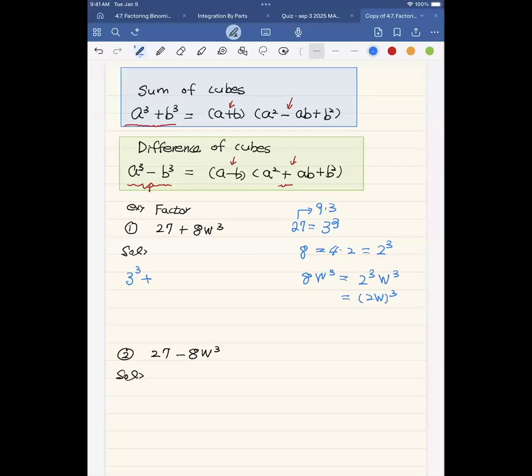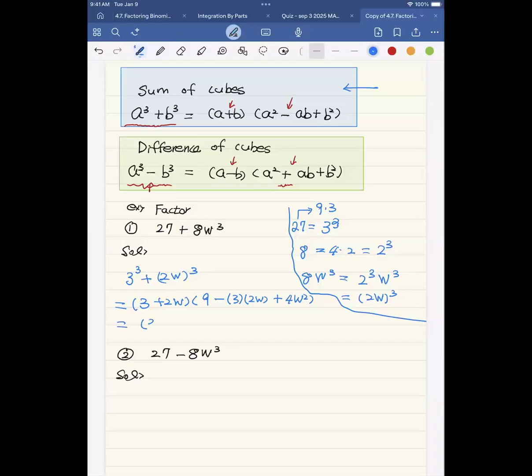So plus 2w cubed. By applying this sum of cubes, we have addition of the base numbers, 3 plus 2w, times the first base number squared, which is 9, minus the multiplication of the two base numbers, 3 times 2w, plus the second base number squared, 4w squared.